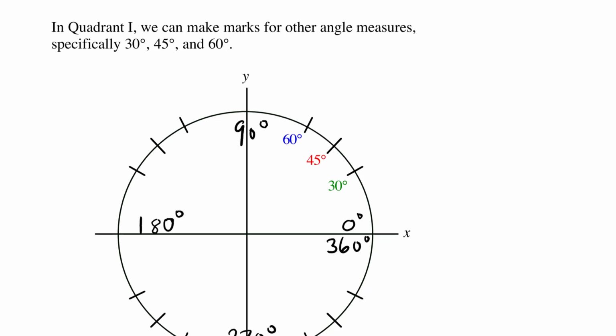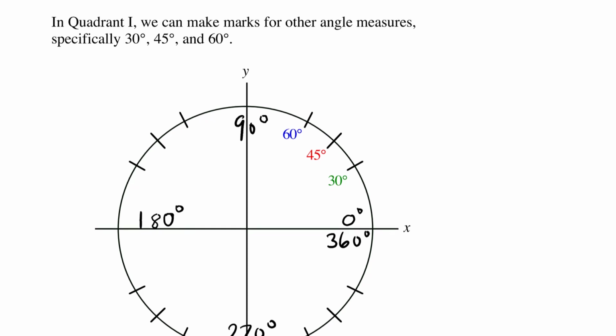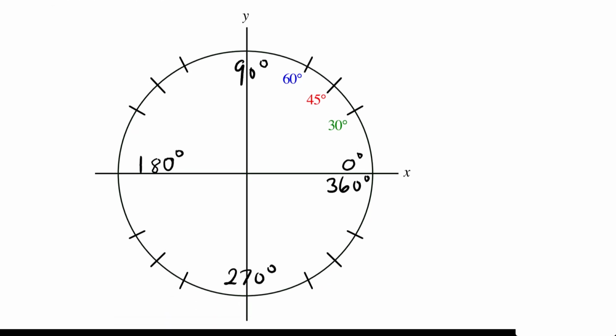But we also have other angle measures in each quadrant. For example, we have our standard 30, 45, and 60 degree angles in each quadrant. We see it listed here in quadrant 1, but those 3 marks will carry over into quadrants 2, 3, and 4, and there will be angle measures for each one of those marks.